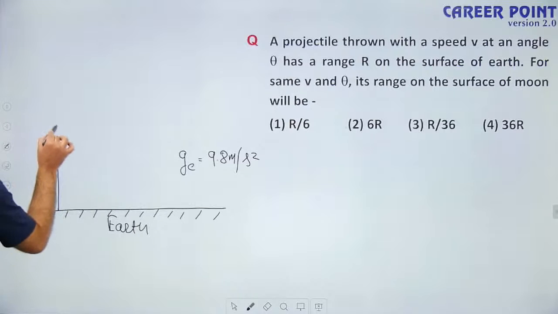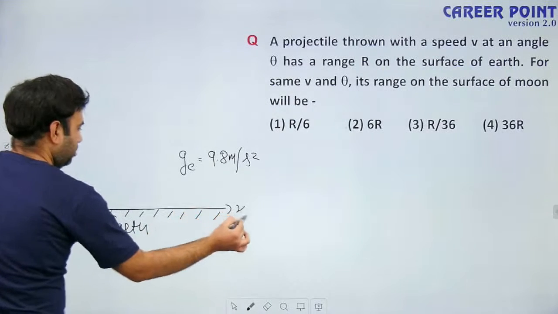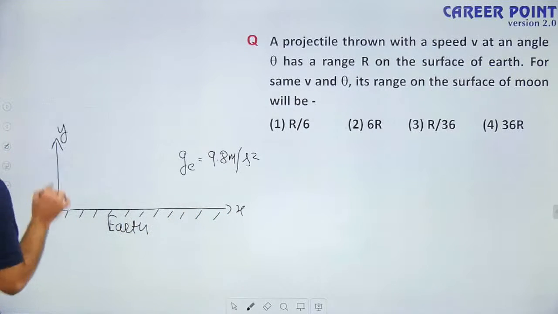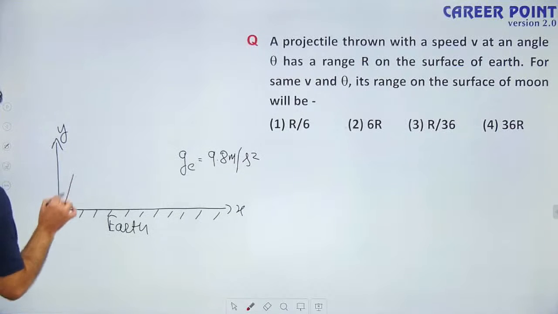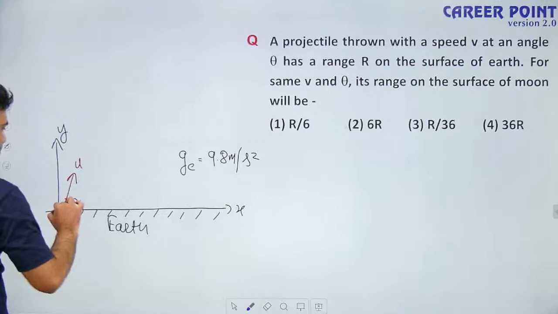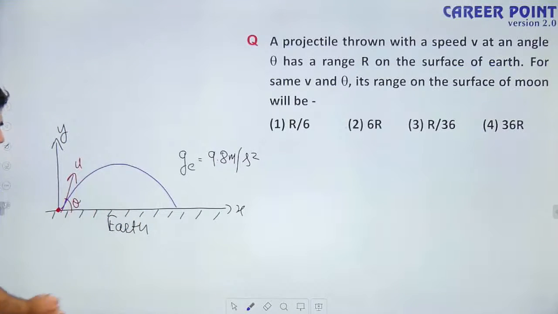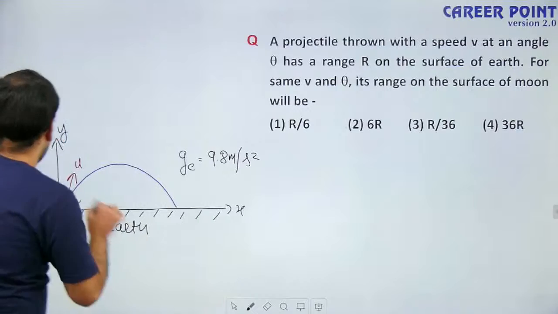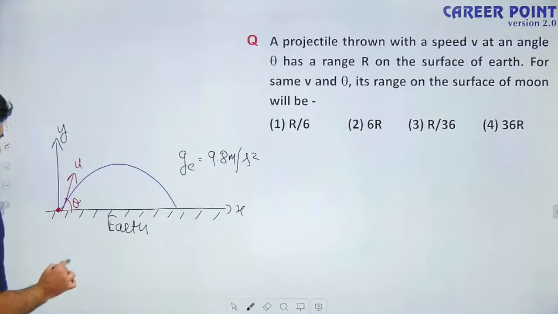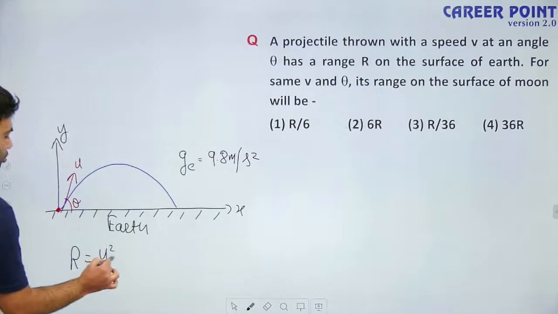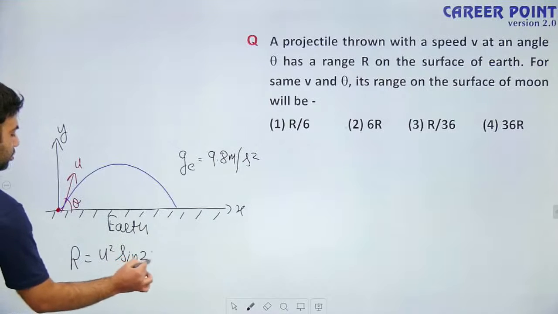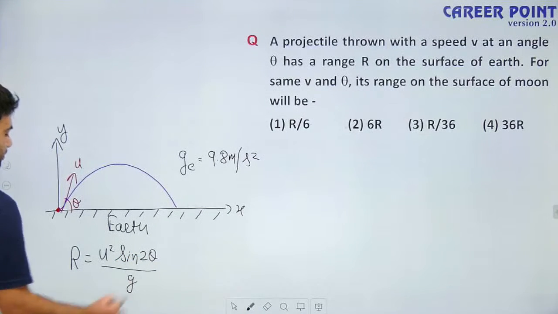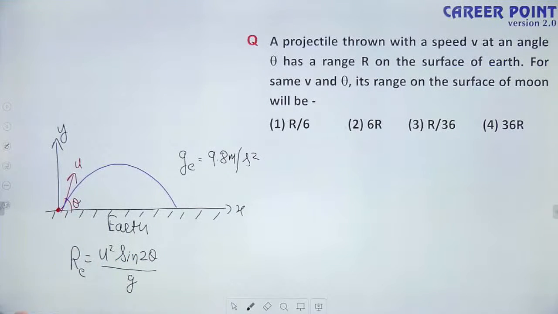So on this, if you throw any projectile with some speed u, suppose at an angle theta, it will have this kind of path. And what is the range? Range is equal to u square sine 2 theta divided by g. This is range on earth and g is of earth.